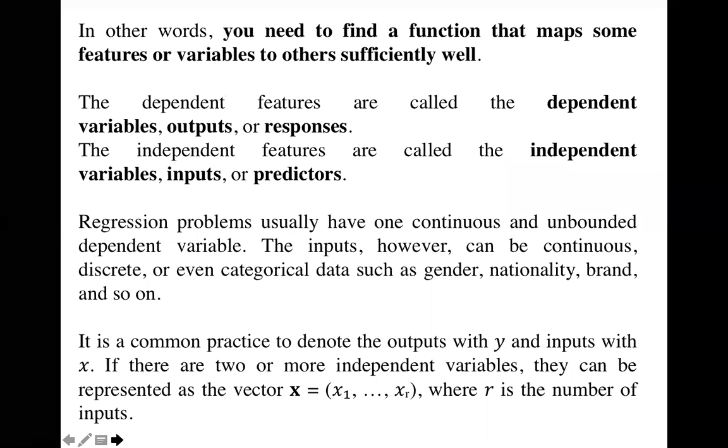And to say regression in other words, you need a function to map the features. Here, what is the function to map the features? Line equation is the function to map the features. Why do we want to map the features? Because we want to know exactly the outcome of it. So there are two kinds of features with it: dependent features and independent features.